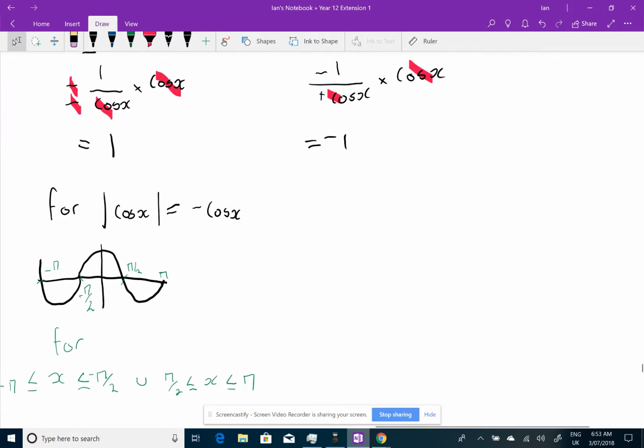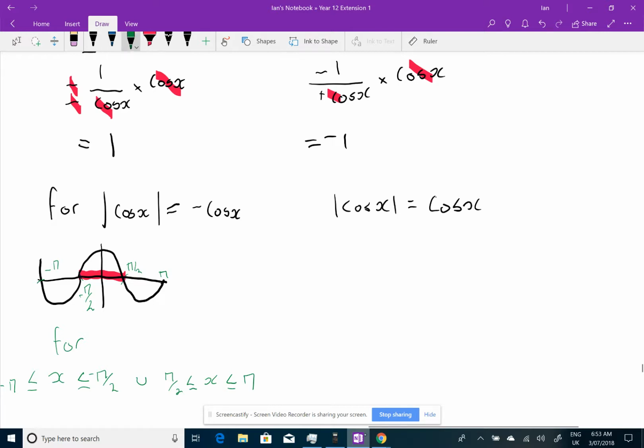Now, for the absolute value of cos x equaling cos x, well, that's from there to there. Yeah? From minus pi on 2 to pi on 2.